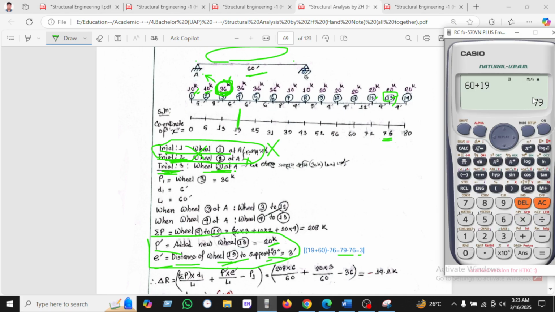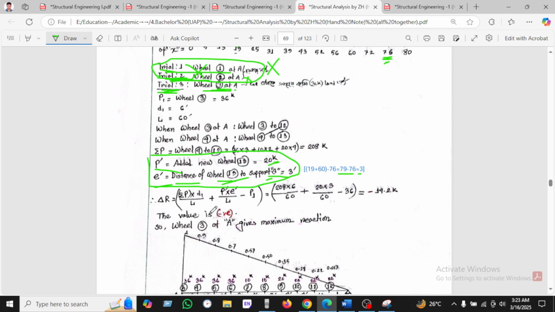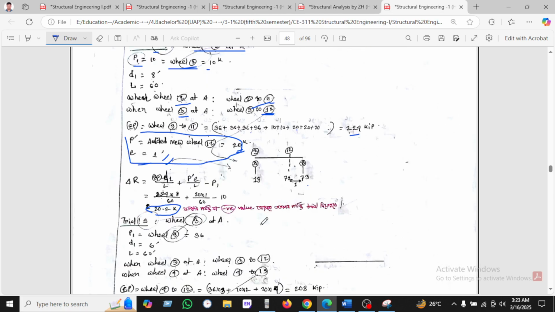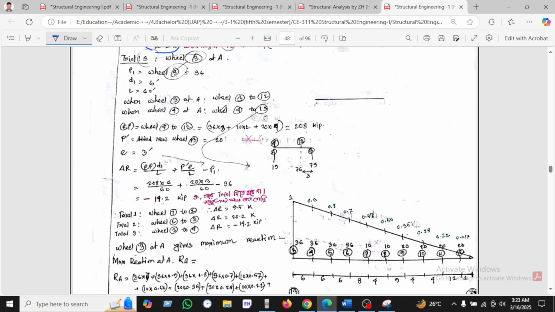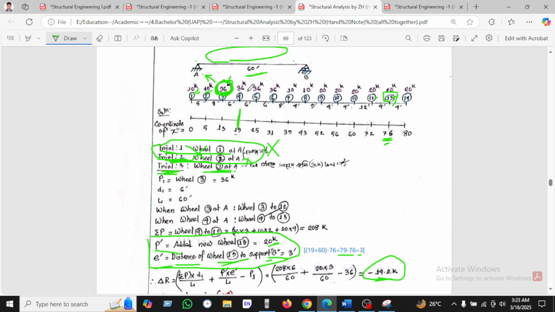If we do 79 minus 76, this will be 3. Okay. So after this calculation, we have found the negative value. As we have seen here, the same as explained from this slide, the same map. So wheel 3 is at 1, and wheel 3 is 36. We have been including here 36.